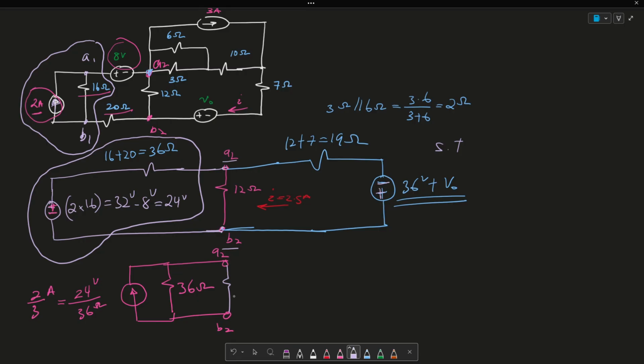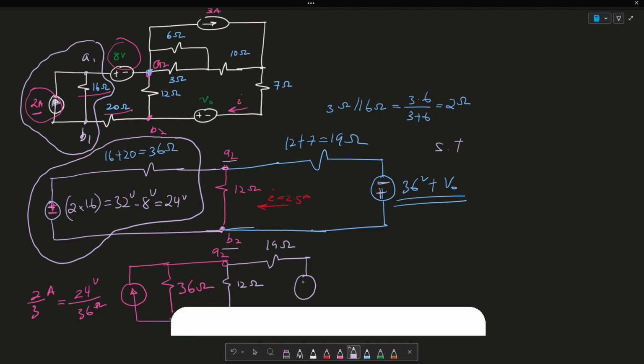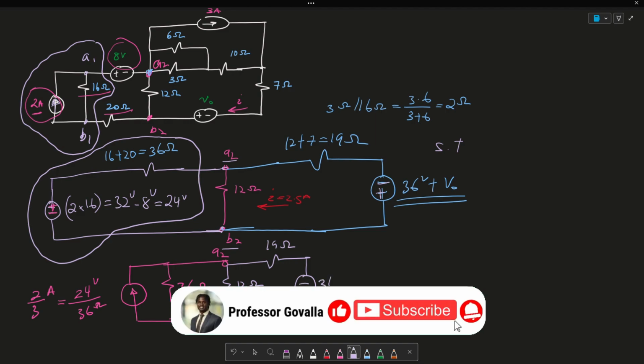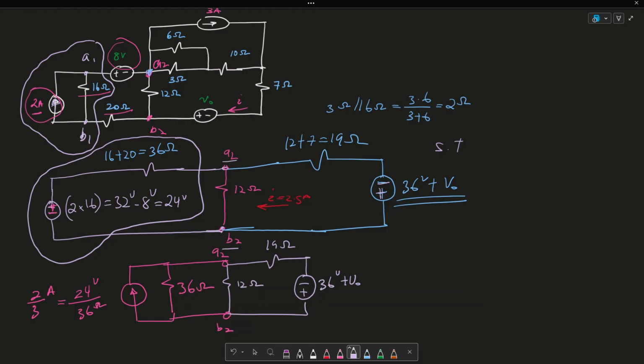And in between them is this 12 ohm resistor. All right. And then we finish this off with, again, this 19 ohm resistor attached to this 36 volts plus V out. All right.